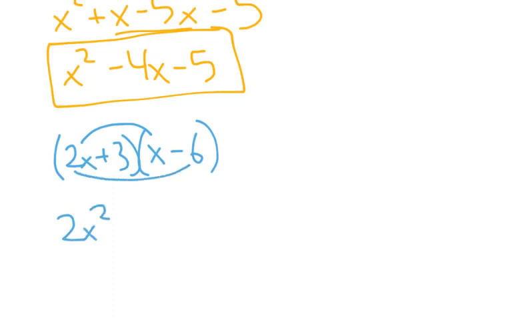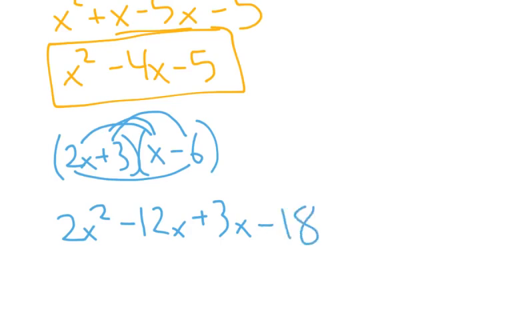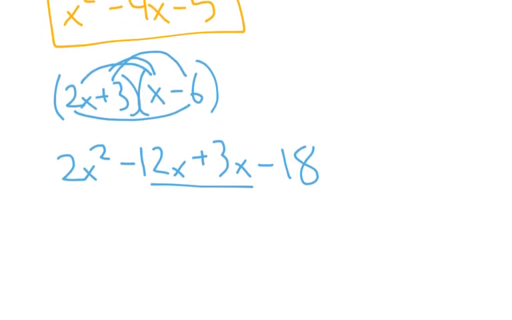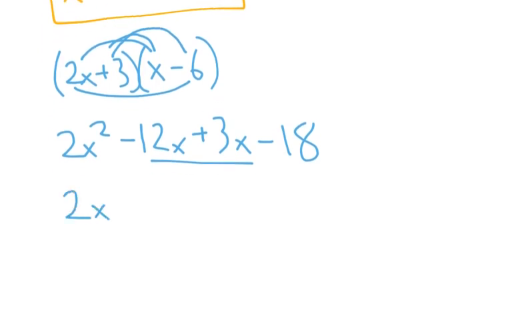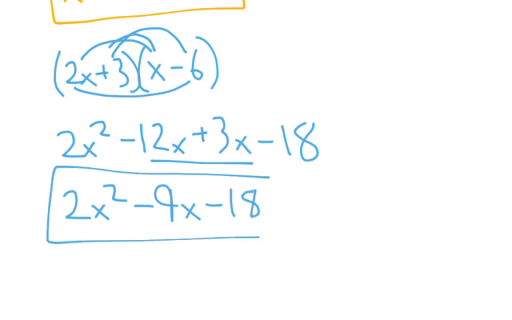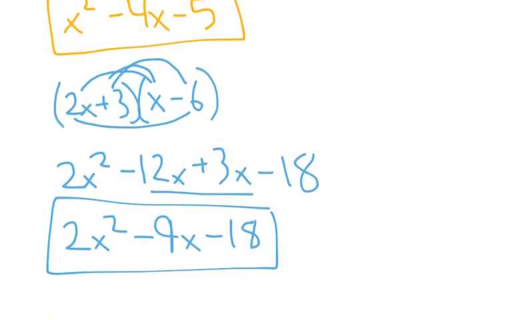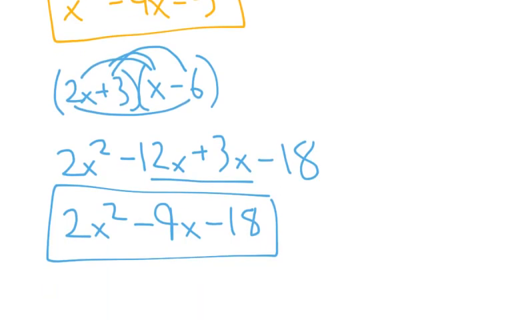That's going to be 2x times negative 6, which is negative 12x. 3 times x is going to be 3x. And then the last terms are going to be negative 18, 3 times negative 6. Again, combine the two middle terms. 2x squared minus 9x minus 18. Box it, walk away. And that is how we end up doing that one.